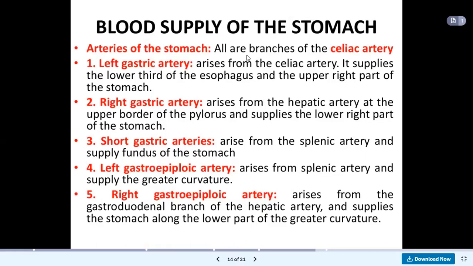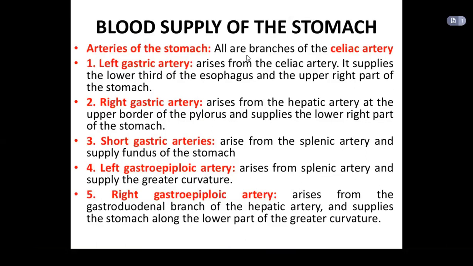Now, there are 5 main arteries that supply the stomach. Remember before we had said that the blood supply to the stomach is called the gastric artery. We just use the word gastric artery as the blood supply to the stomach. But now we are looking at the different branches that supply different parts of the stomach.